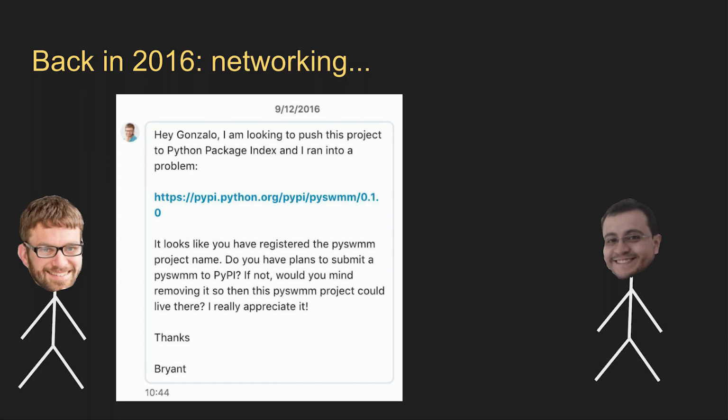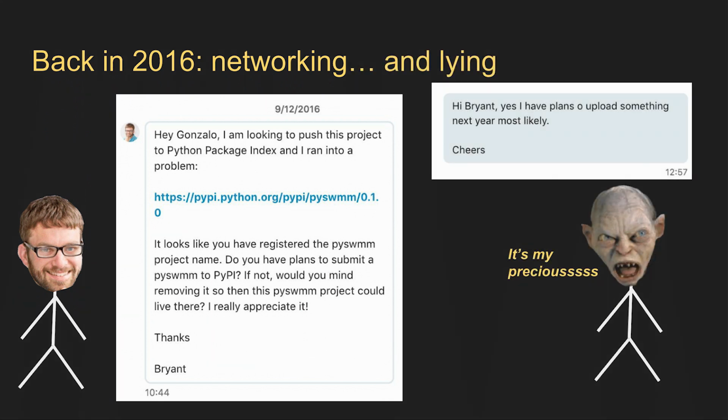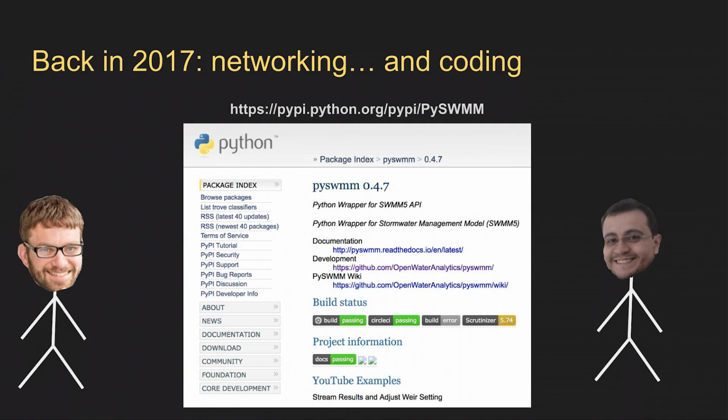Now, back in 2016, Bryant, the guy on the left, contacted me and said, hey, I have this library that is doing this, and I wanted to upload it, and it turns out you already have that name. Would you mind deleting it so that I can use it? So, as any mature software developer working in open software, I said, no. And I just went on with it.